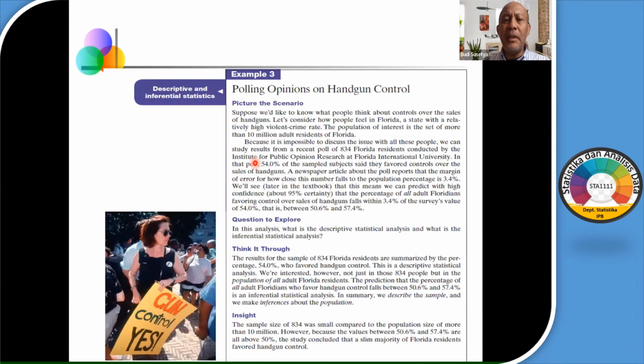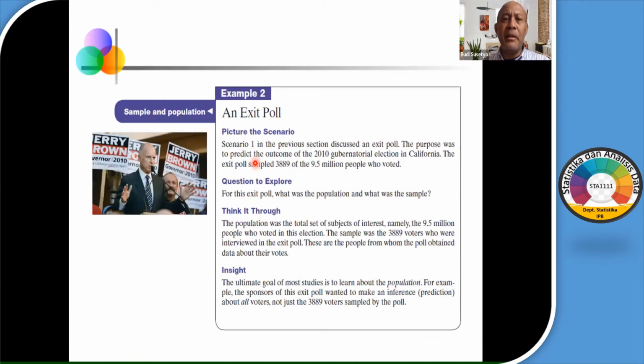Okay, this is just some technique for collecting the data, not just in foreign countries, but also in Indonesia.